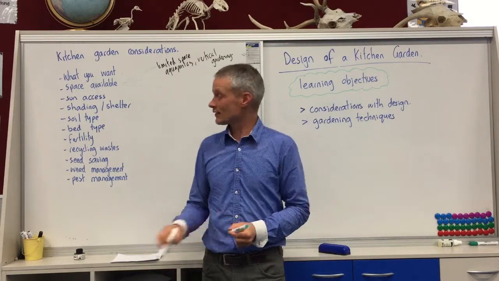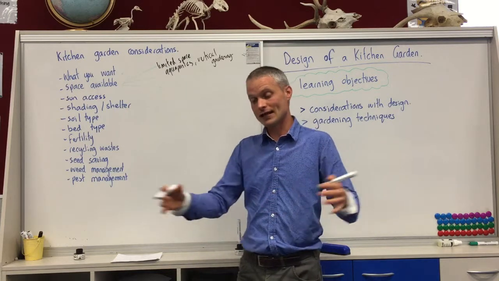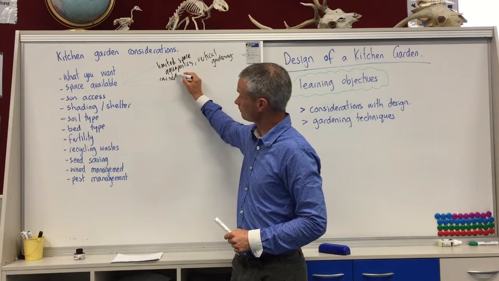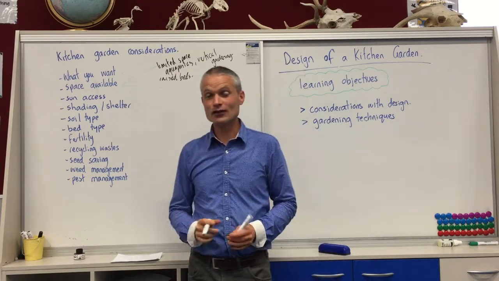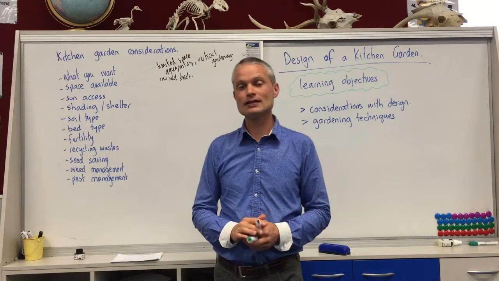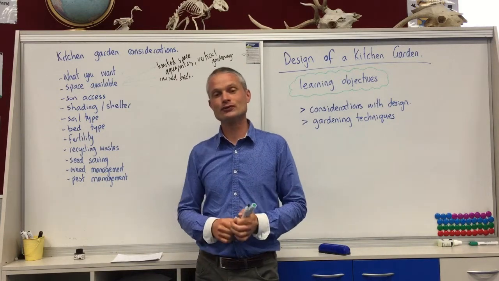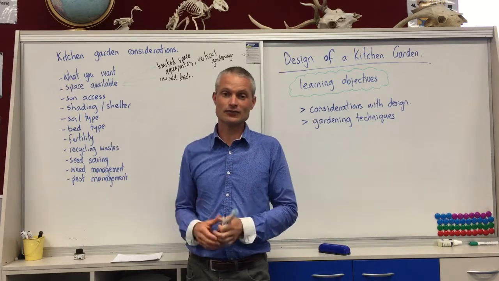So the next level of space is generally your raised kitchen garden beds. They're your common type that you often see. That would be your timber-lined, compost-filled garden bed, and that's quite an intensive small space productive system.